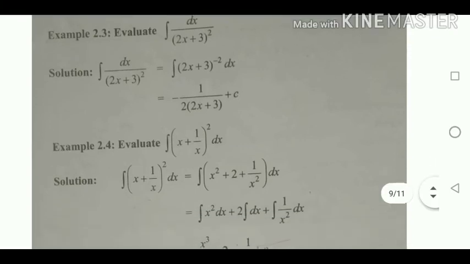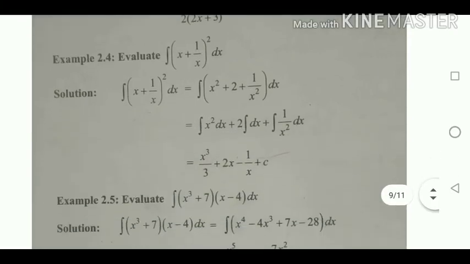Then example 2.4: integrate (x plus 1 by x) whole power 2 dx. Here we apply the (a plus b) whole square formula, that is a square plus 2ab plus b square: x square plus 2 into x into 1 by x, where the x cancels, plus 1 by x square.